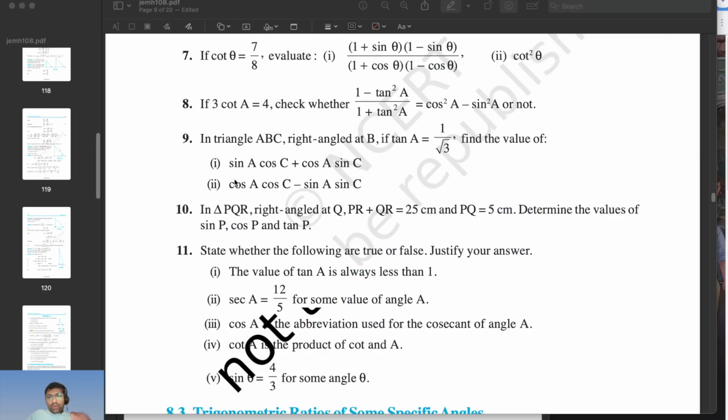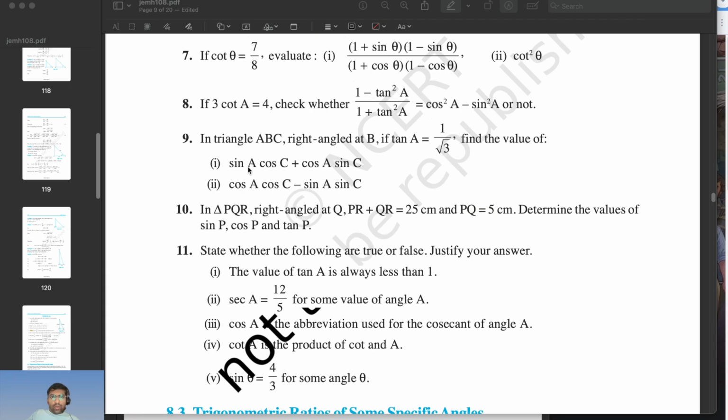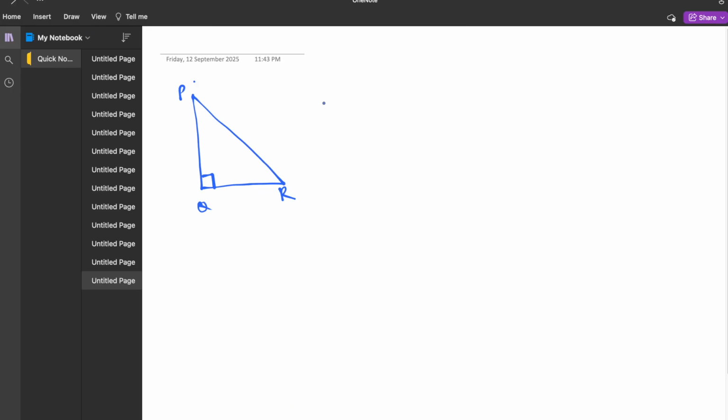So now let's solve the 10th problem. In triangle PQR, it is right angled at Q. What is given?